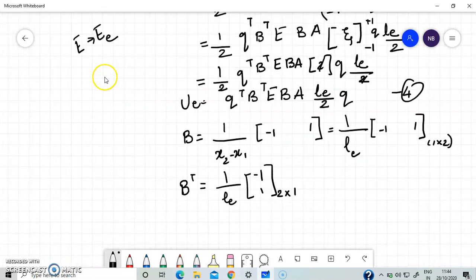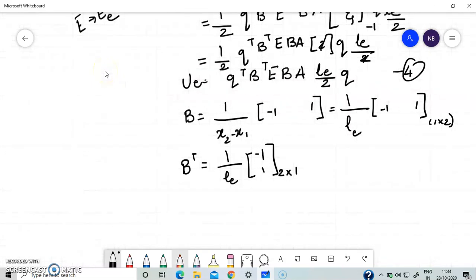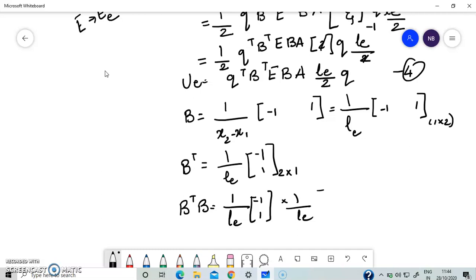Now we need B transpose into B. So we get minus 1, 1 into 1 upon L_e, minus 1, 1.